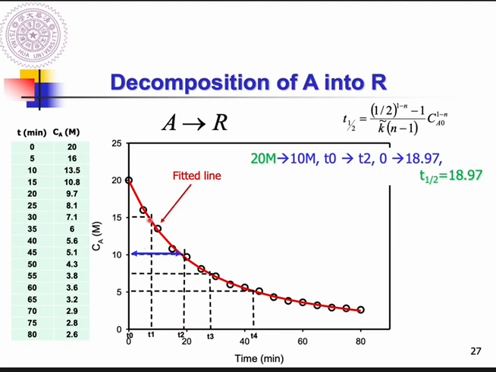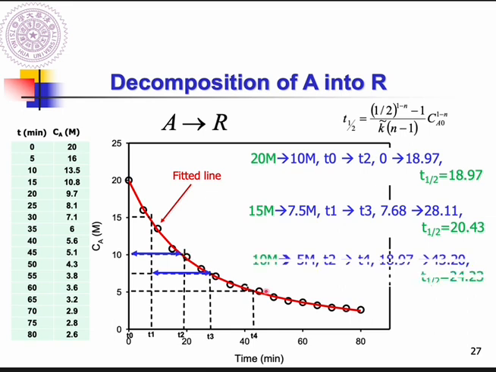Next data point, I focus on 15 molar. When the concentration dropped to 7.5, the time is 28.11. The third one is the concentration dropping from 10 molar to 5, and the time it takes is 43.2 minutes.